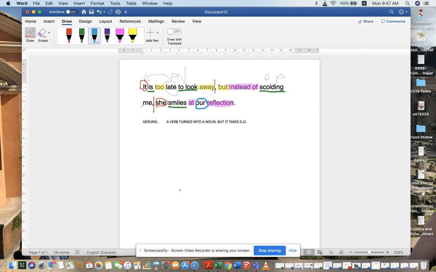She is scolding me. The interesting thing about this sentence is that out of all those words, there's only one direct object, and it comes in the middle of the sentence. It's a fantastic construction, and it gives you an idea of what gerunds are and why they are important in putting sentences together.